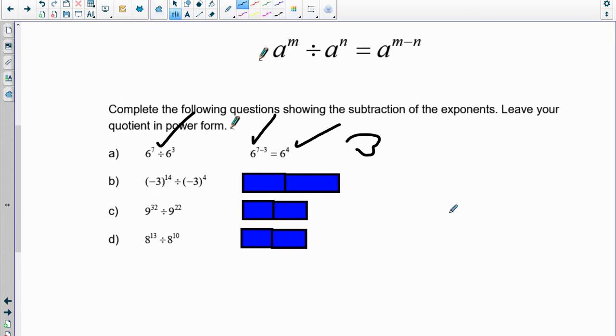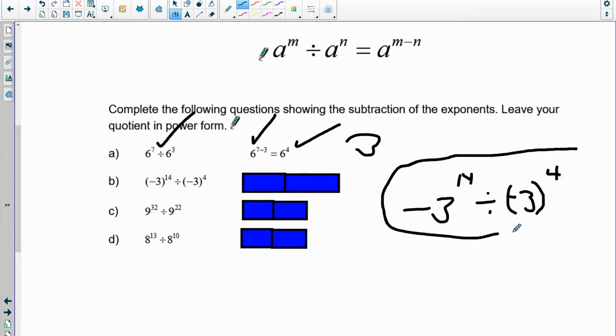So for example, if I had negative 3 to the 14 divided by negative 3 inside brackets to the power of 4, this looks like the bases are the same, but they're not. Because there's no brackets here, the base here is 3.